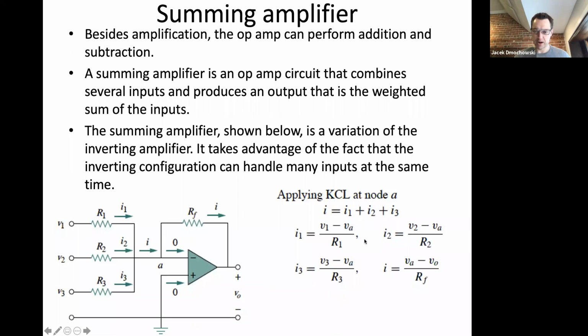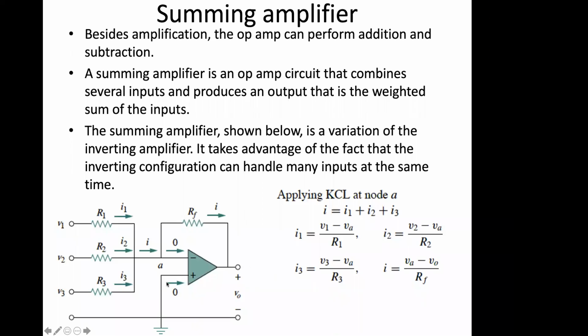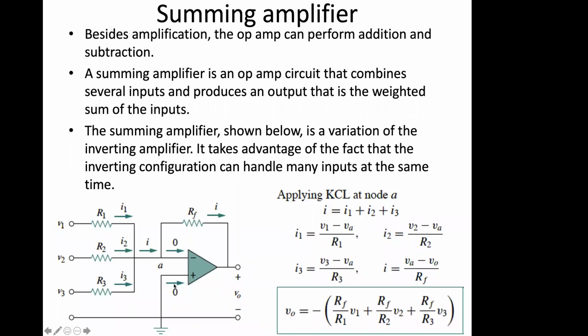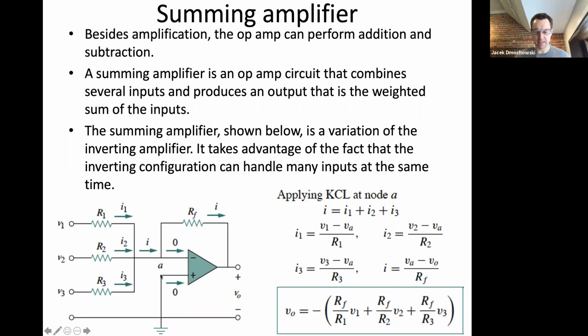In all these expressions, VA is just going to be equal to 0, because VA is equal to the voltage here, which is grounded. And so we have a really straightforward expression for V0 as minus RF over R1 times V1 plus RF over R2 times V2 plus RF over R3 times V3.